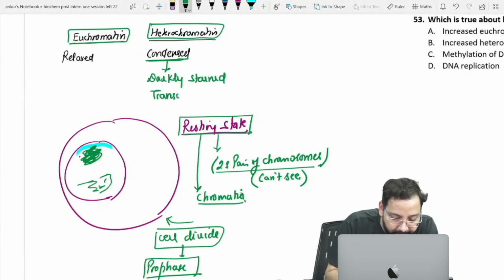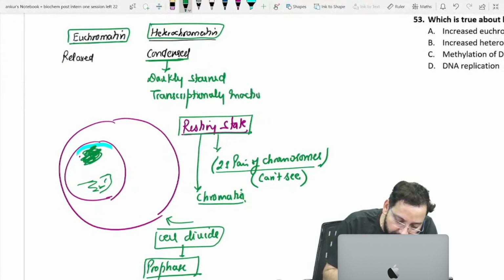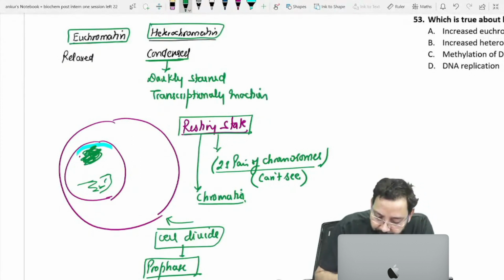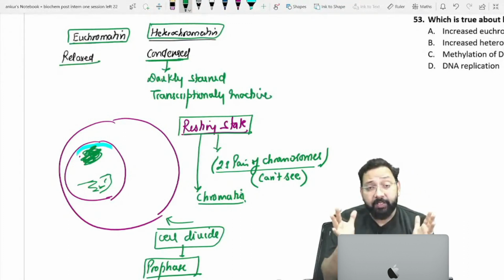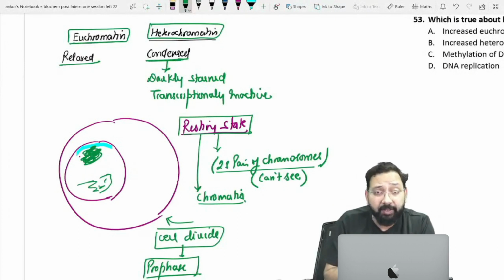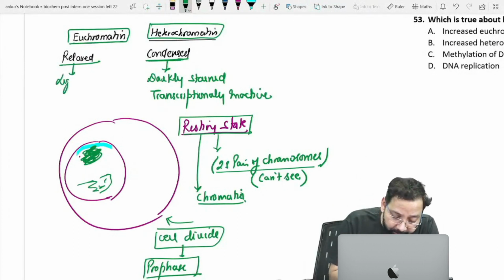Transcriptionally inactive. Euchromatin is relaxed state, lightly stained, transcriptionally active.